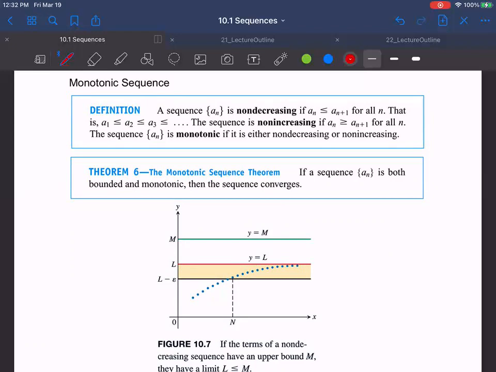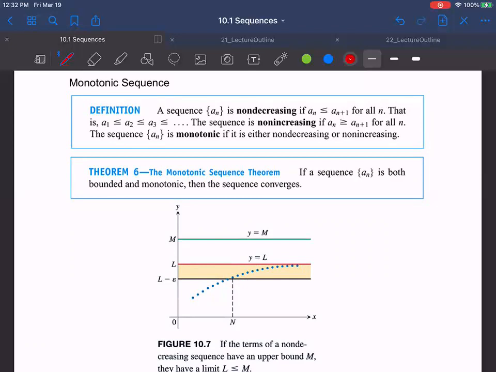And so we get Theorem 6, the monotonic sequence theorem. If a sequence a sub n is both bounded and monotonic, then the sequence converges. And that should hopefully make sense to you. We need both of those things to say that it is convergent, because it could have an upper bound, but decrease, right?